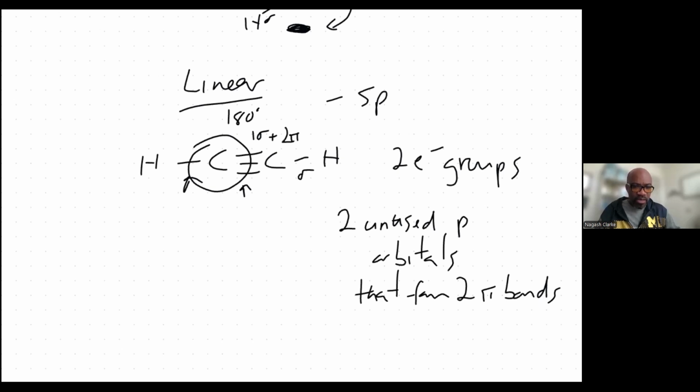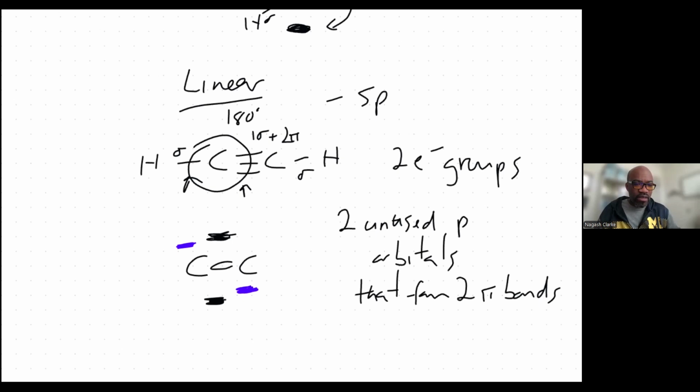Every single bond is a sigma bond, and every triple bond is one sigma, two pi. So if we were to draw, we have our sigma in the middle, we have our pi, there's one pi above. And let me change the color here. And then on either side, horizontally, there's also another pi bond. So that's how you get your triple bond.